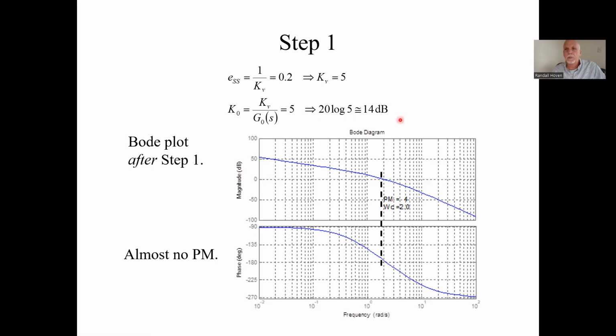In dB, that's 14 dB. So if we had the original Bode plot, we'd have to put a reference line 14 dB below 0 to get the new 0 line. Or we could just have MATLAB do our Bode plot to already include this K sub naught.